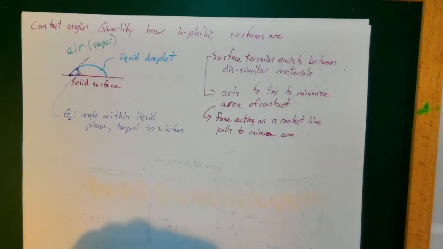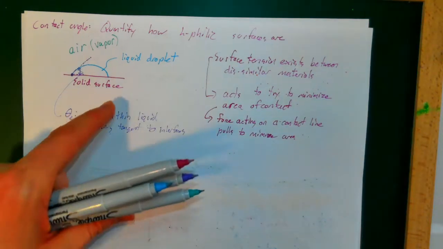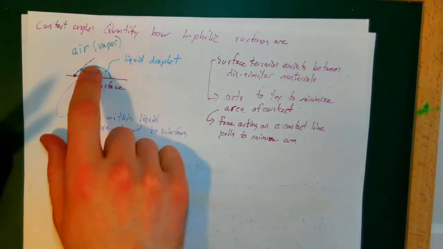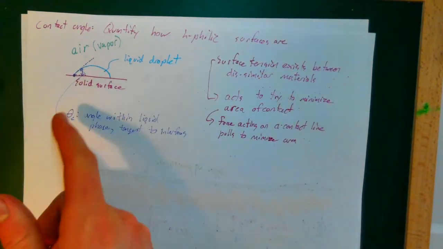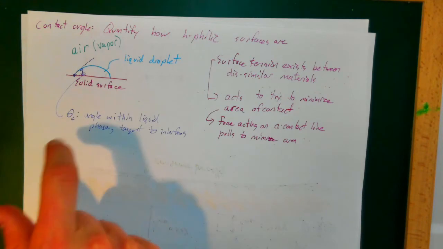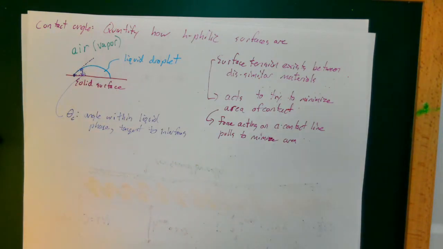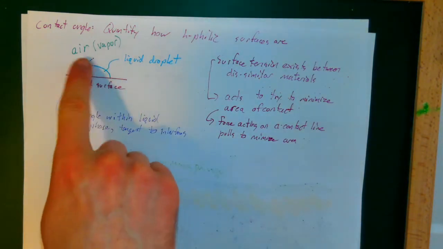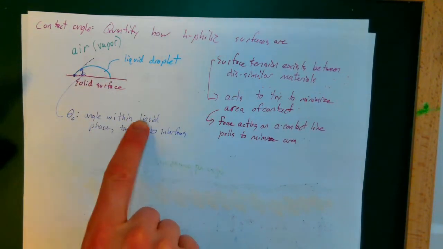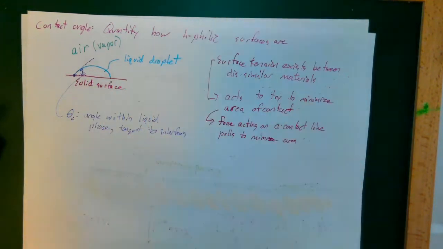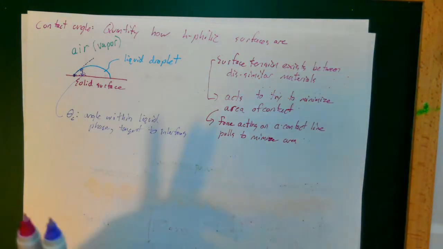Usually we use water as the liquid here, but you can use any number of liquids, organic solvents, alcohol, whatever. Oftentimes this contact angle allows us to characterize how hydrophilic or how hydrophobic a surface is.